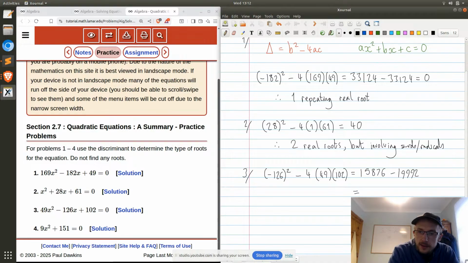Okay, so that is 4,116, but negative. And is that a square?